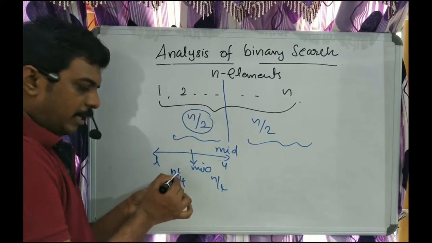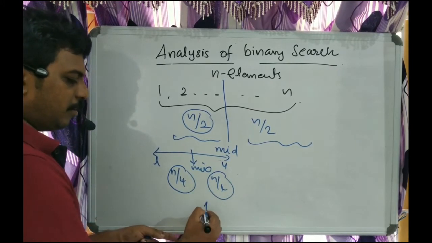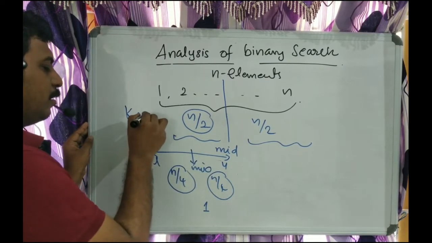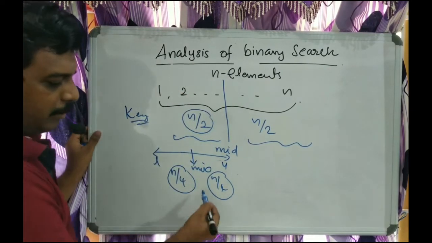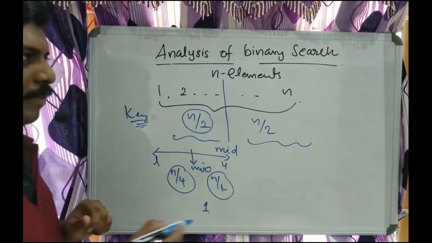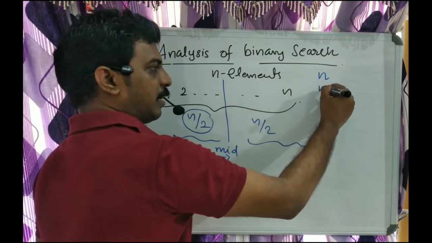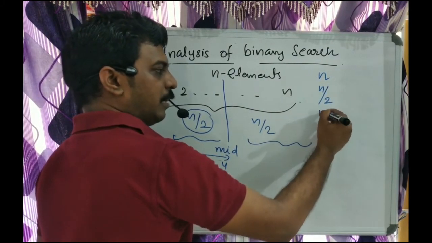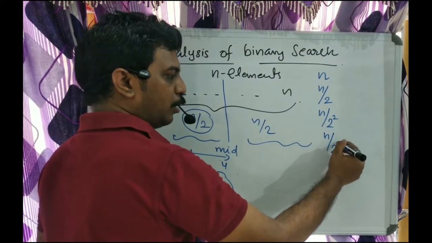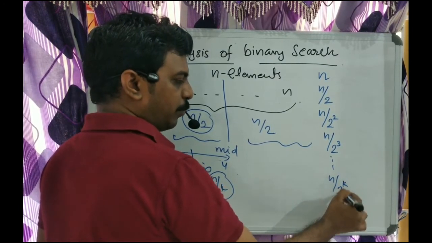We continue until it reaches size 1 or finds the key element. In the initial stage the array size is n. In the second iteration it is reduced to n by 2, then n by 2 squared, then n by 2 cubed, etc. up to n by 2 raised to k.